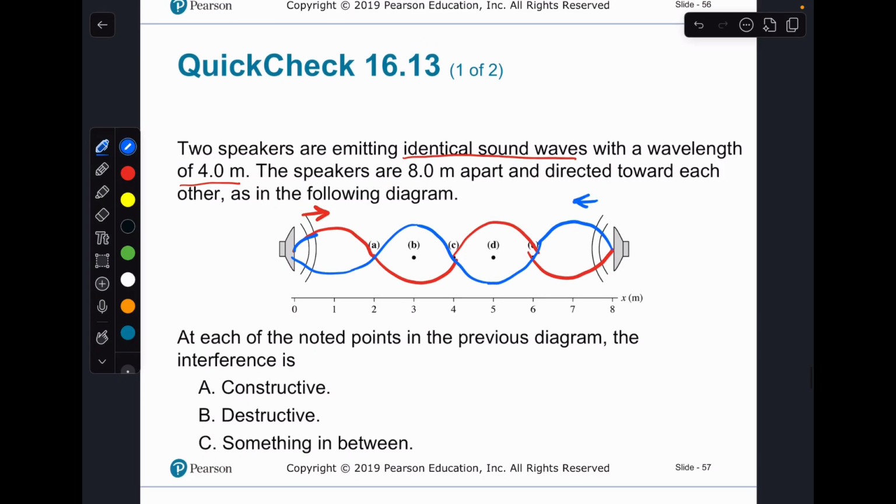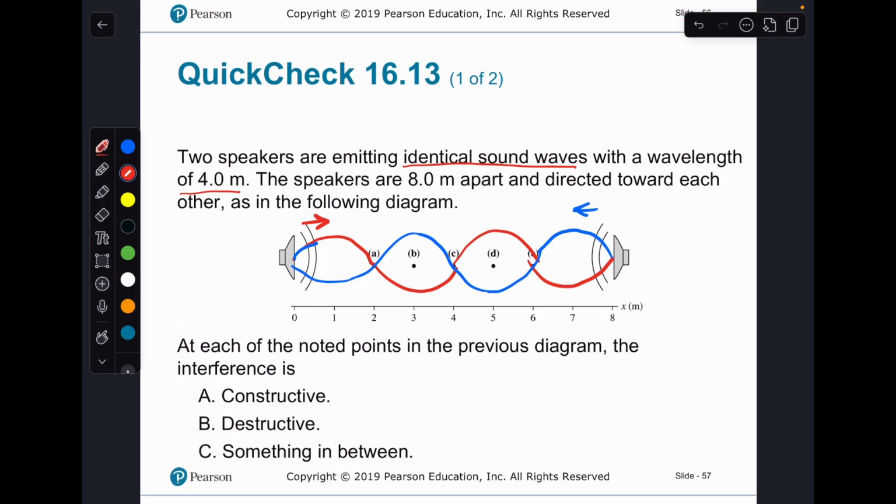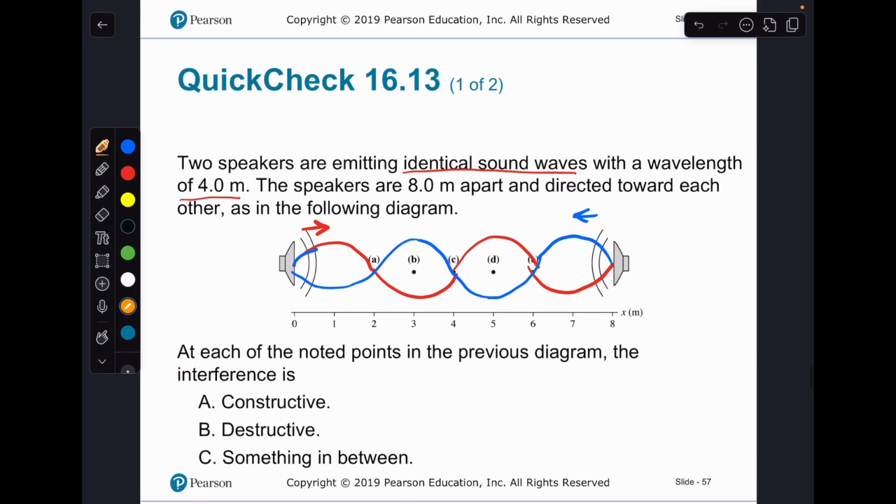And so you might be wondering, why? Let's say we were to do the math behind this, and at point A, we have one path length of 2, another path length of 6. Why does 6 minus 2 equaling 4 meters give us the constructive interference condition of m times 4 meters, or m equals 1, right?